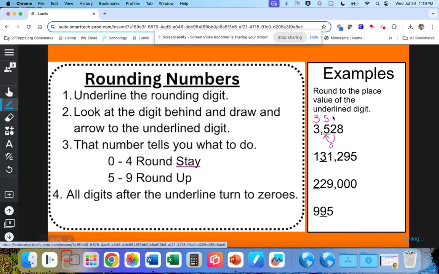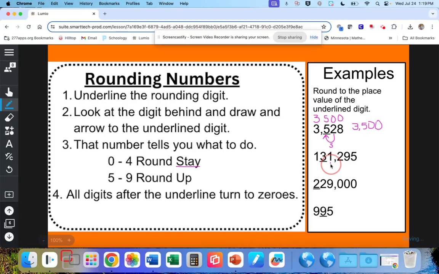Everything behind it goes away and turns to a 0. So our answer is 3,500. Now, again, this is why some people say round down. Our number did go down from the start amount, but sometimes that down term really messes up when our digit itself actually stayed the same.